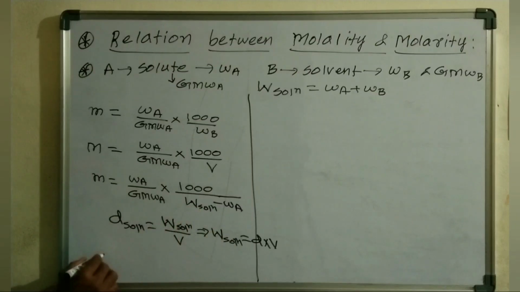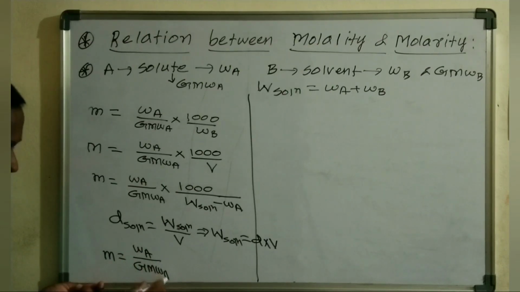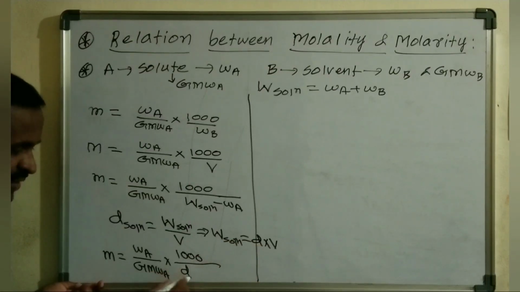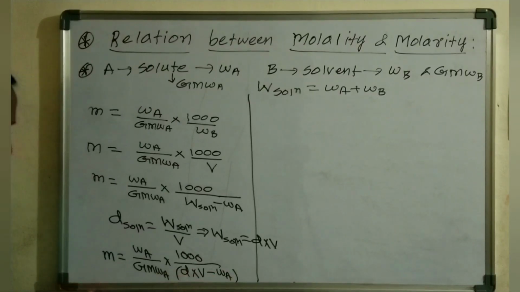Substituting this in the above equation, molality is WA divided by GMWA, into 1000 divided by density of solution into volume of solution minus weight of solute.